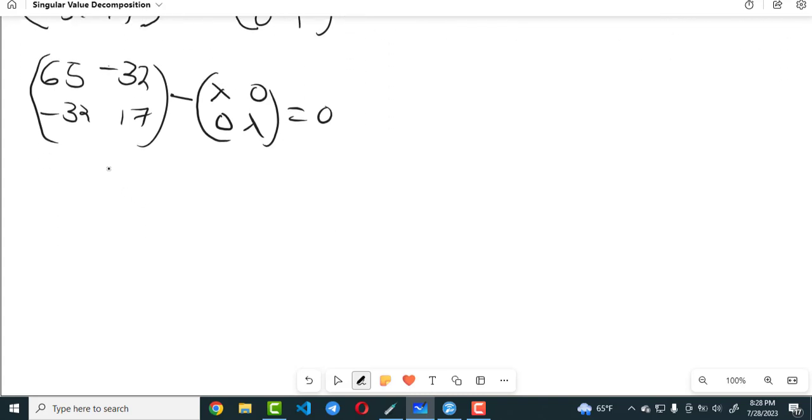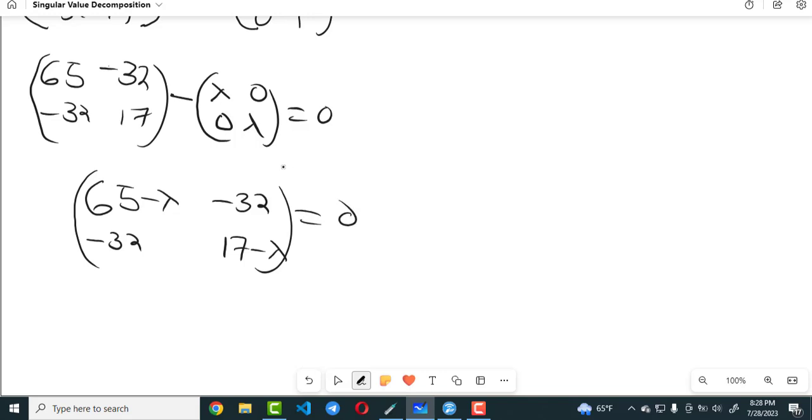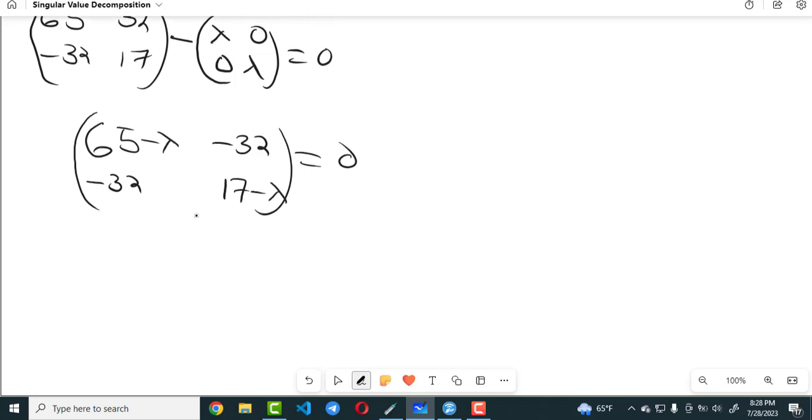After doing so, we are computing 65 minus lambda, minus 32, minus 32, 17 minus lambda, all equal to 0. So we just say 65 minus lambda, 17 minus lambda. We get this matrix. So after getting this matrix, what we need to do now, we need to find the determinant here.